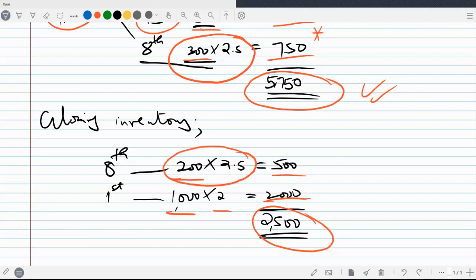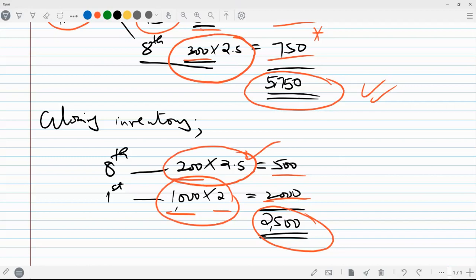Clear? Yes. On the 1st September, we had 1,000 items. Isn't it? But we have not yet sold them, isn't it? Yeah. Therefore, they come as part of the closing stock, because we are yet to sell the items we had as at 1st of September. Therefore, 1,000 times 2, and 200 times 2.5.